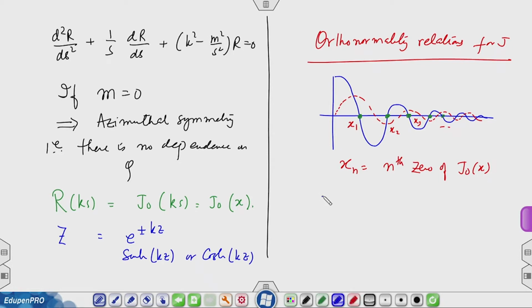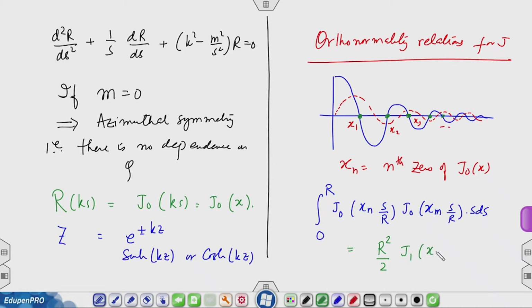Then we have the integral of J0(xn s/R) J0(xm s/R) s ds from 0 to R equal to R²/2 [J1(xn)]² delta mn.